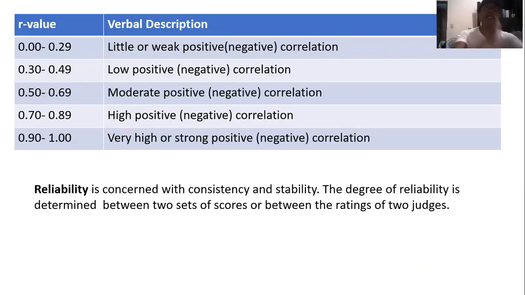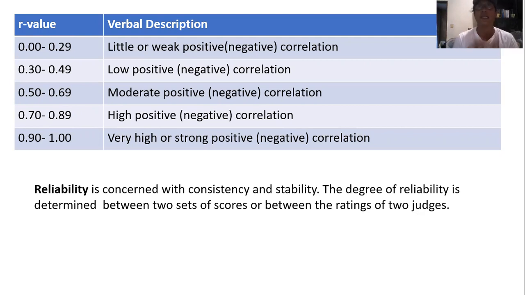Now, you can see on the screen the so-called values of validity and reliability with corresponding verbal description. The values are ranging from 0 to 1. Ikita nyo dyan sa screen. If the Cronbach's alpha falls from 0 to 0.29, it means weak correlation.